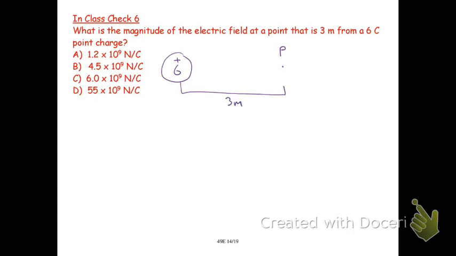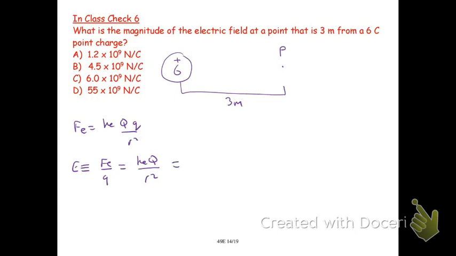And I can say, well, let's have a look. Fe is equal to Ke big Q little q over r squared. And E is defined as being Fe over q, so that means that it's equal to Ke Q over r squared.